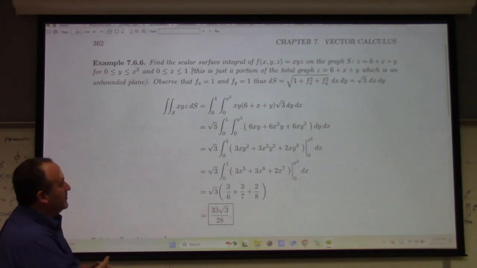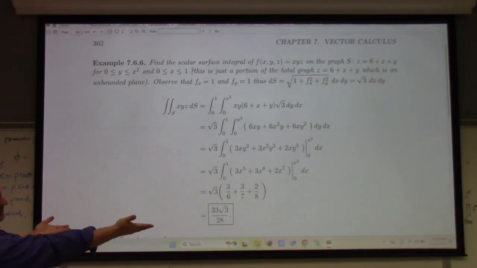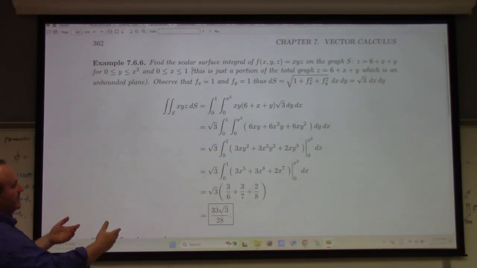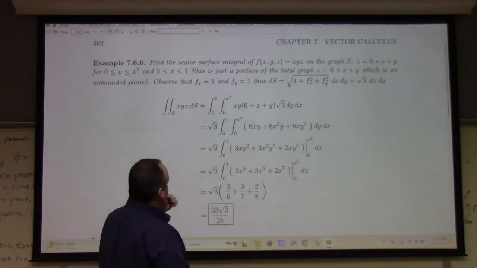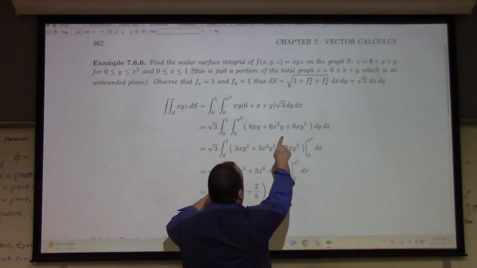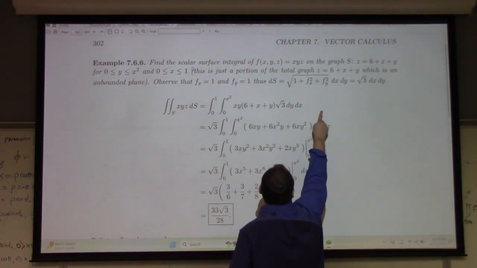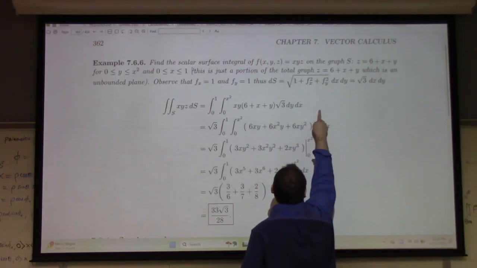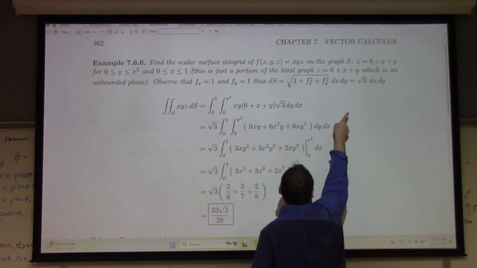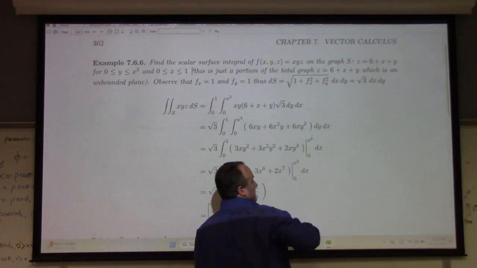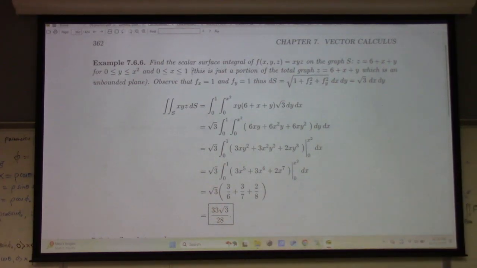Anyway, I just follow the template that we've laid out over here, and I integrate dS. It works out to the square root of 3, because fx and fy are both 1, so we get 1 plus 1 plus 1, the square root of 3. That's my dS. This works out super nice for a plane, is what's happening here.